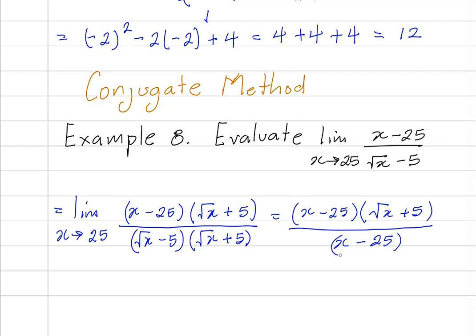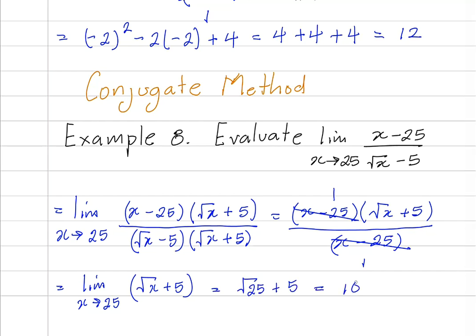Alright, so we can note that x minus 25 cancels x minus 25. So this is the same as the limit as x approaches 25 of the root of x plus 5. And by direct substitution, this is equal to the root of 25 plus 5, which is equal to 10.